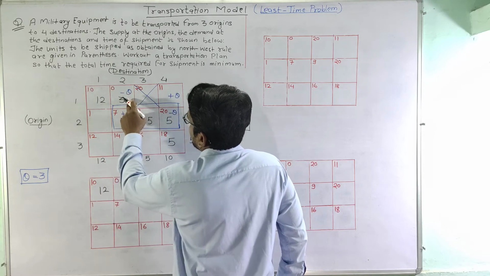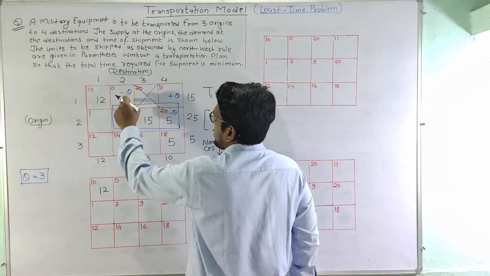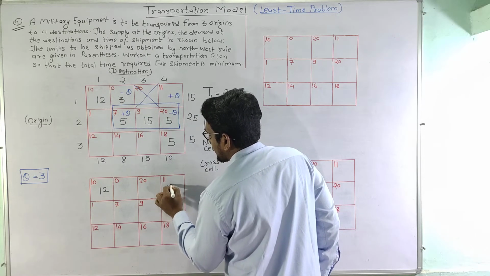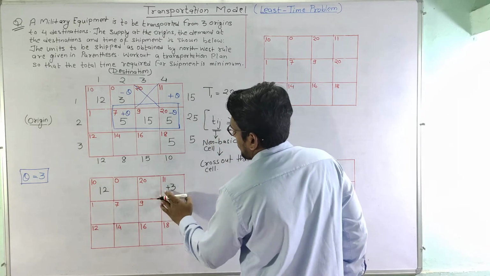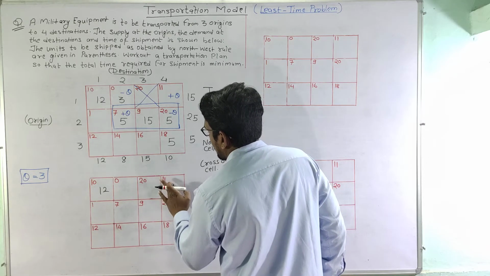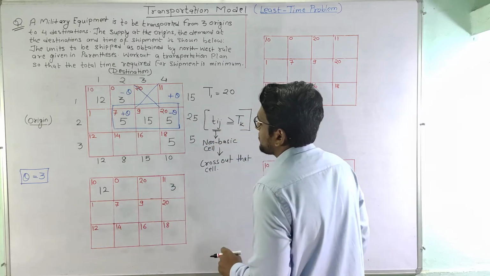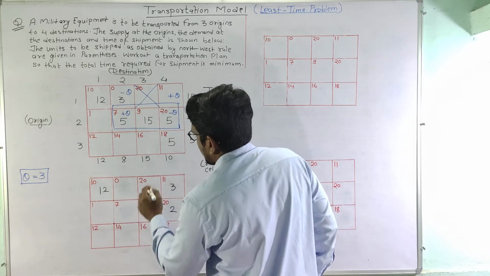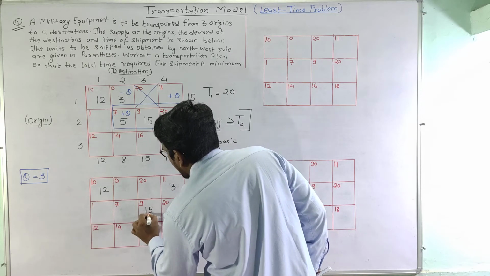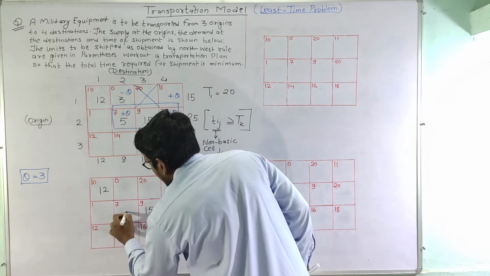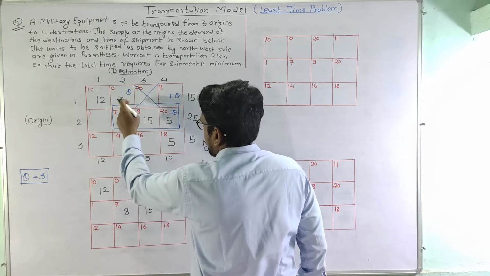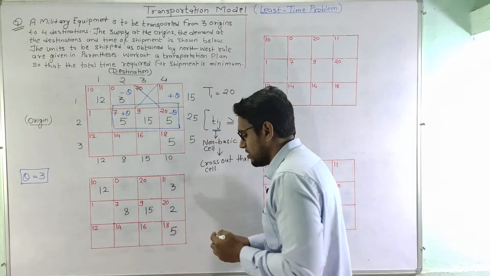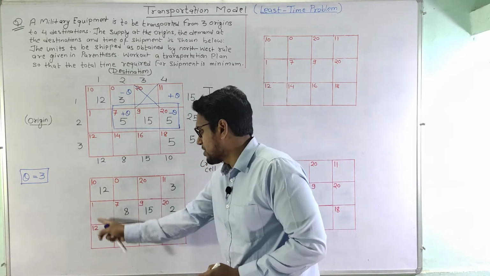This is 3 minus 3 is 0, so there will be no allocation in this cell. This will be plus theta, so this will be plus 3, or I should write 3 only. Okay, so 3. This is 5 minus 3 is 2. This is 15. This is 5 plus 3 is 8. Here it is 3 minus 3 is okay 0. This is 5. So now our solution changes into this form.